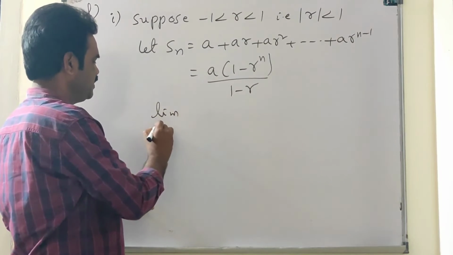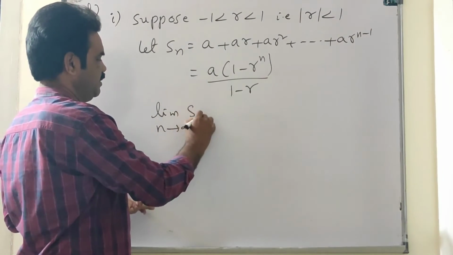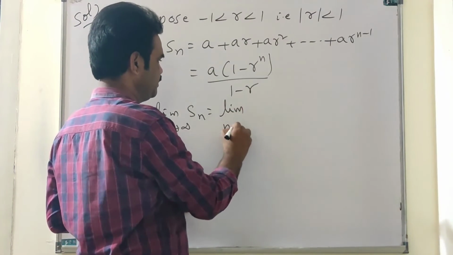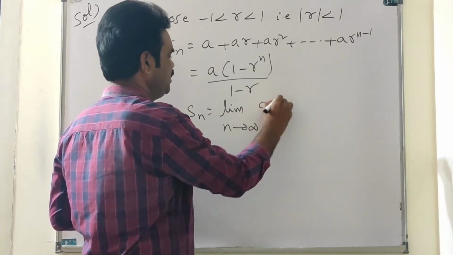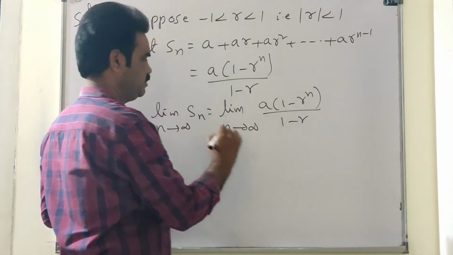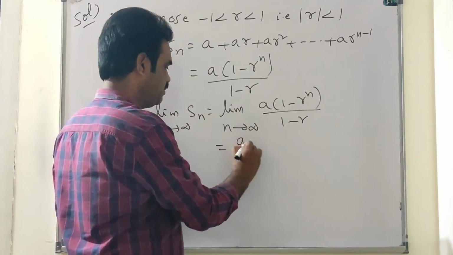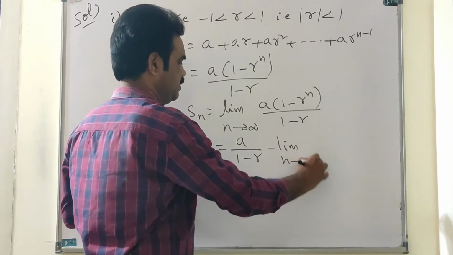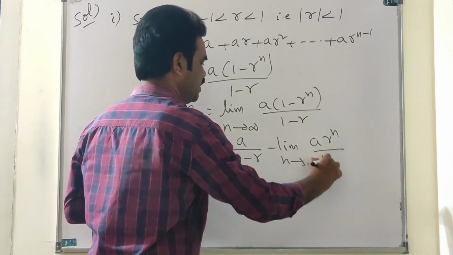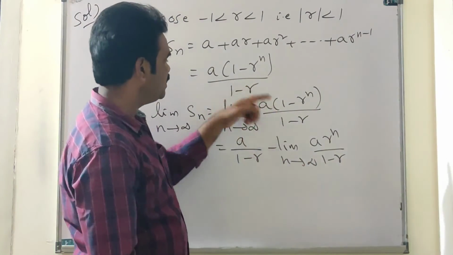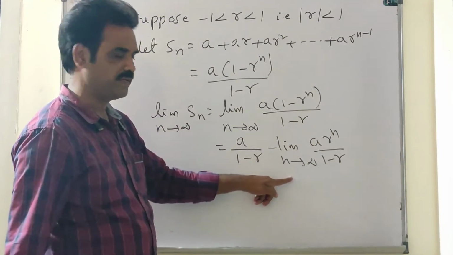Limit n tends to infinity Sn is equal to limit n tends to infinity a into 1 minus r power n by 1 minus r. This can be written as a by 1 minus r minus limit n tends to infinity ar power n by 1 minus r. But what is the limit of r power n as n tends to infinity?